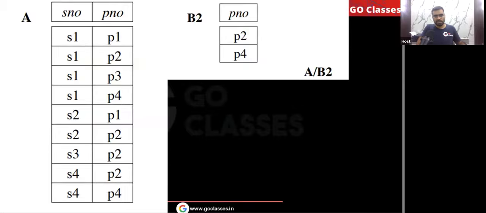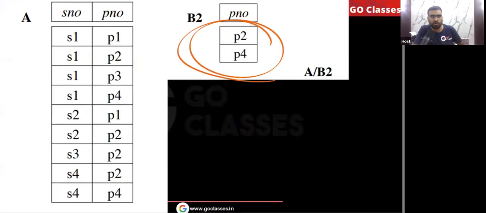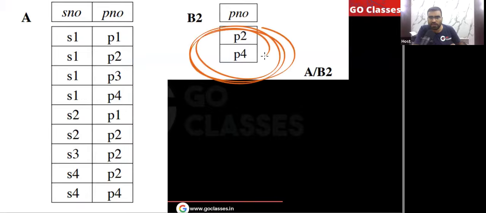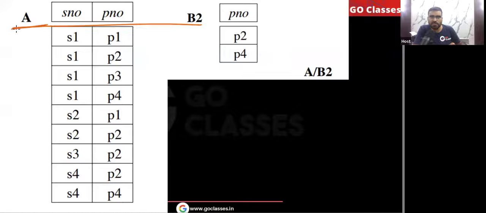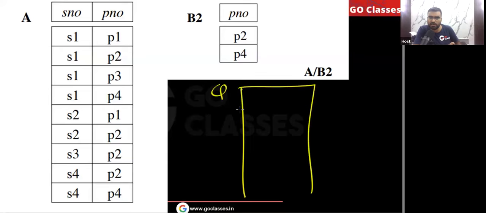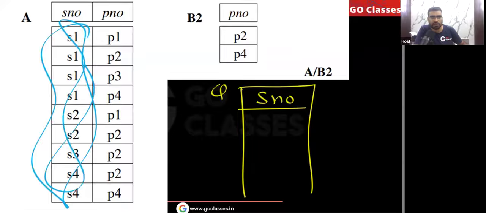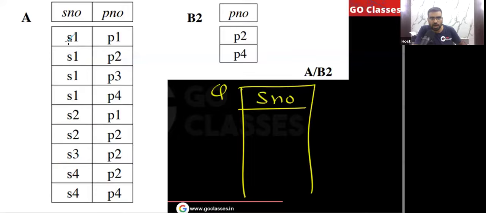Now let's see this one. A divided by B2. Now you have P2, P4. So what will be the answer? Those S numbers which pair with every value here. Those S numbers which pair with P2, P4. Remember A divided by B. So the output will have only S number. In the output, you will put those S numbers which are pairing with both P2 and P4.